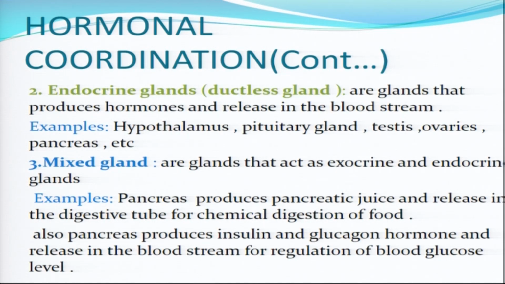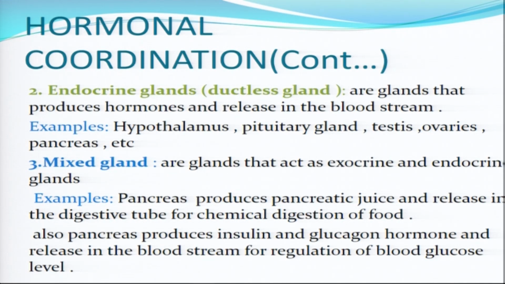So examples of this, we can have the pancreas. The pancreas is one of the organs of our body. It is a mixed gland because, first of all, it is an exocrine gland. Why?